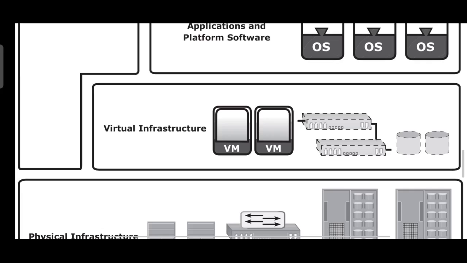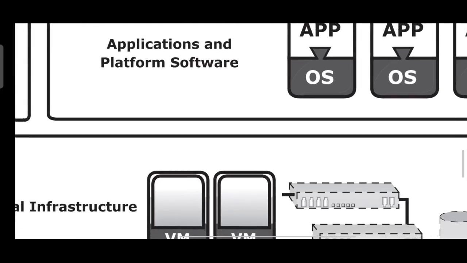Irrespective of the physical location of the data, we can aggregate it through logical unit numbers or logical volumes and present it as a common entity. This is called virtual infrastructure.